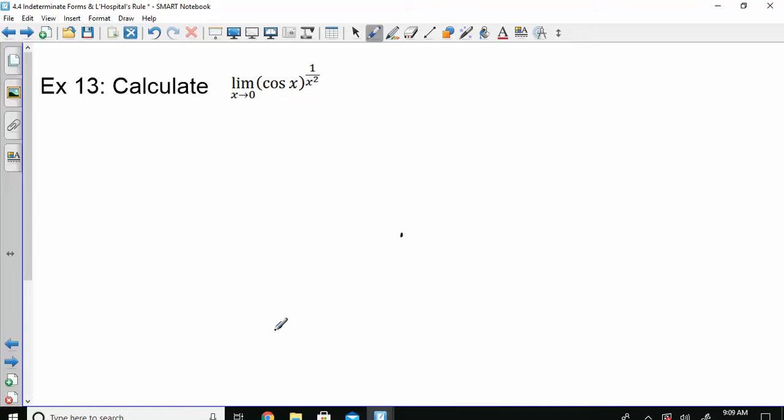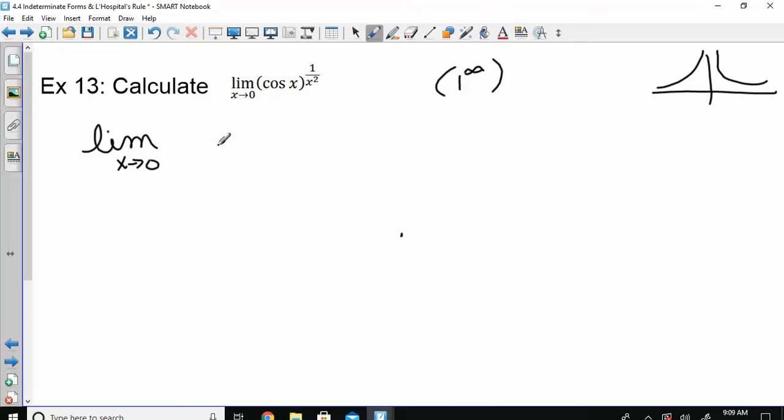So if we plug in here, cosine of 0 is 1. 1 over 0 is undefined. If you think 1 over x squared looks like this, so it's going to infinity as you approach 0. So this is 1 to the infinity, which is an indeterminate form, which means we have to do the log. So we'll add the natural log of cosine x.